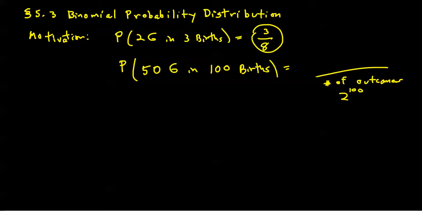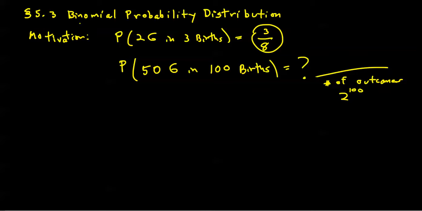A very huge number and much too cumbersome to write out the sample space. You'll be here forever and a day writing down the sample space explicitly. So what are we going to do? If we can't do it in a brute force, first principles type of manner, well, I suggest to you that we need to develop a formula for what we call binomial probability distributions.